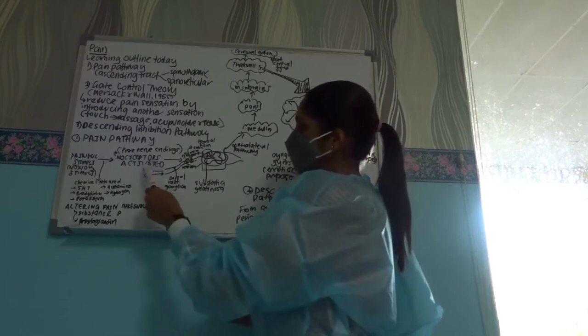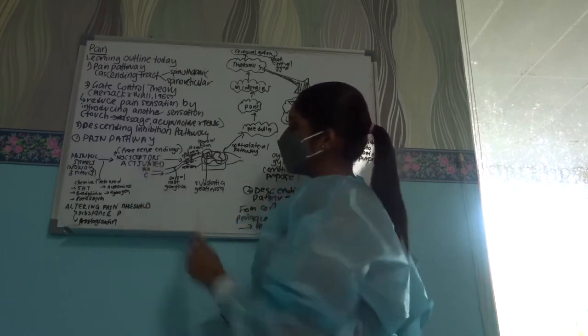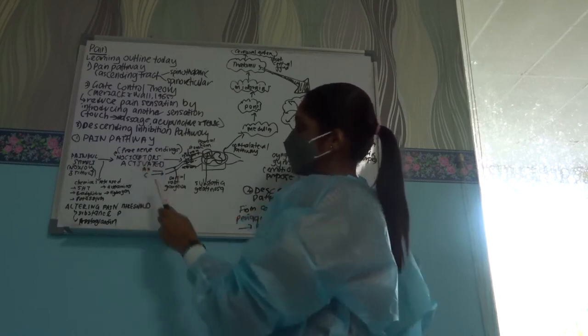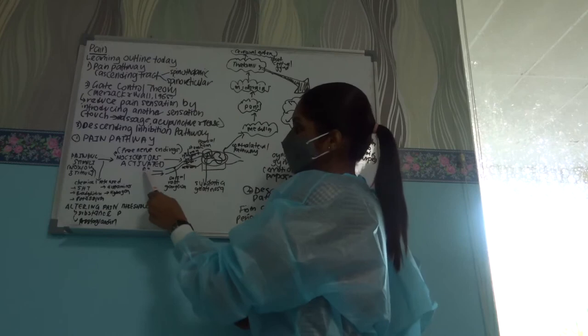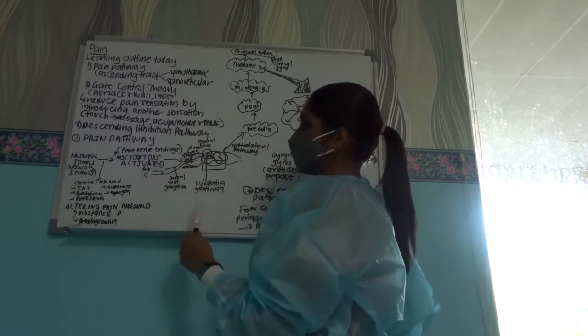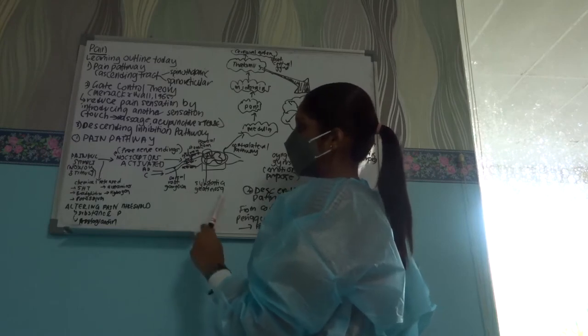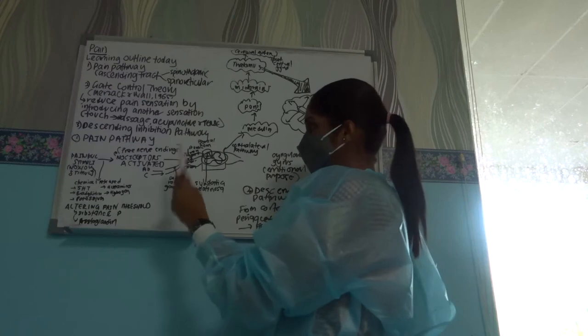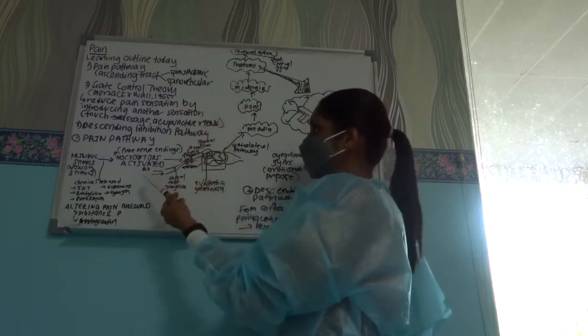Type A delta usually passes fast pain, and C always passes slow pain. What is the difference between fast pain and slow pain? Fast pain passes to the brain within about 0.1 second.